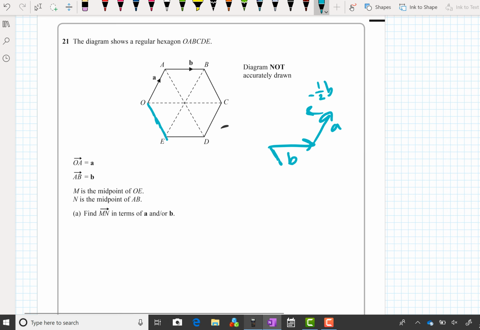Now I know this one is A, and I know that this one is B. So if I have a look at this problem over here, I haven't learnt this bit yet, so I'll try to take this a little bit slow.